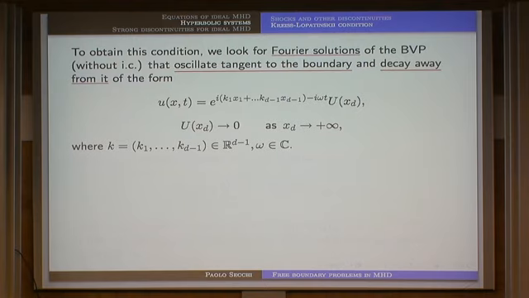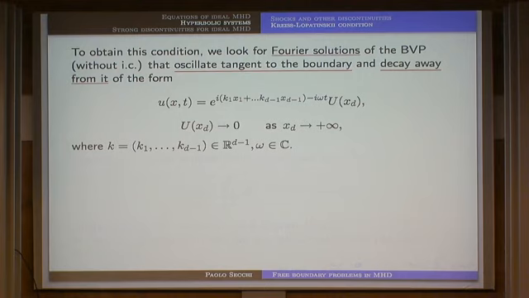Something oscillating along the boundary, depending on x1 to x_{d-1}, oscillating in time again, and the xd dependence is given here, and we ask that this solution decay away from the boundary, so as xd goes to plus infinity, this goes to 0.